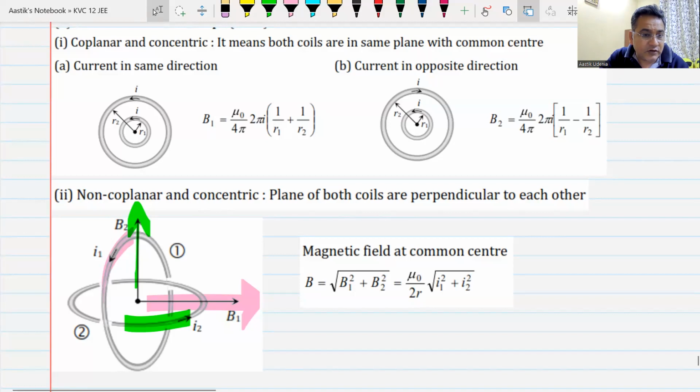So, cases of zero magnetic field, you can just note down these cases, and then I will try to make sense of why these cases have zero magnetic field.